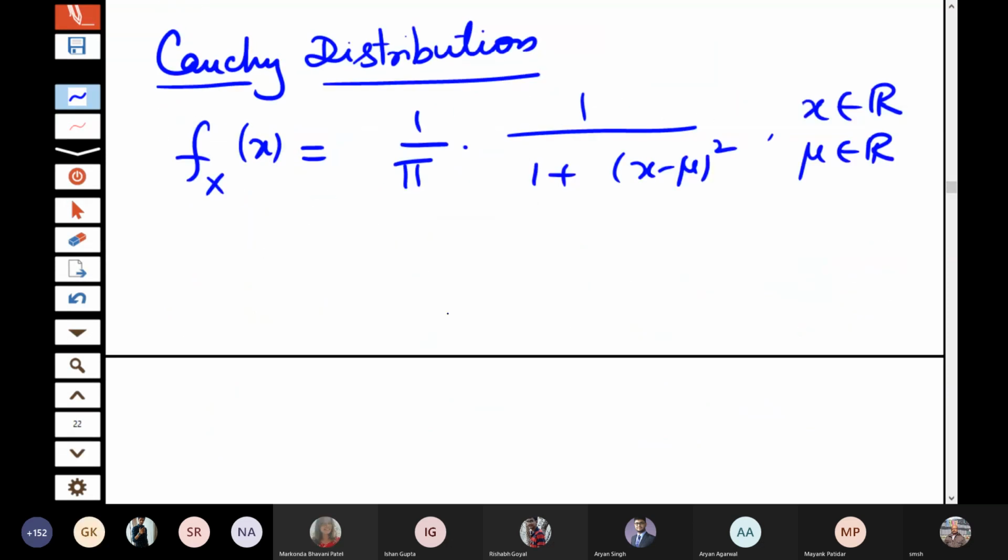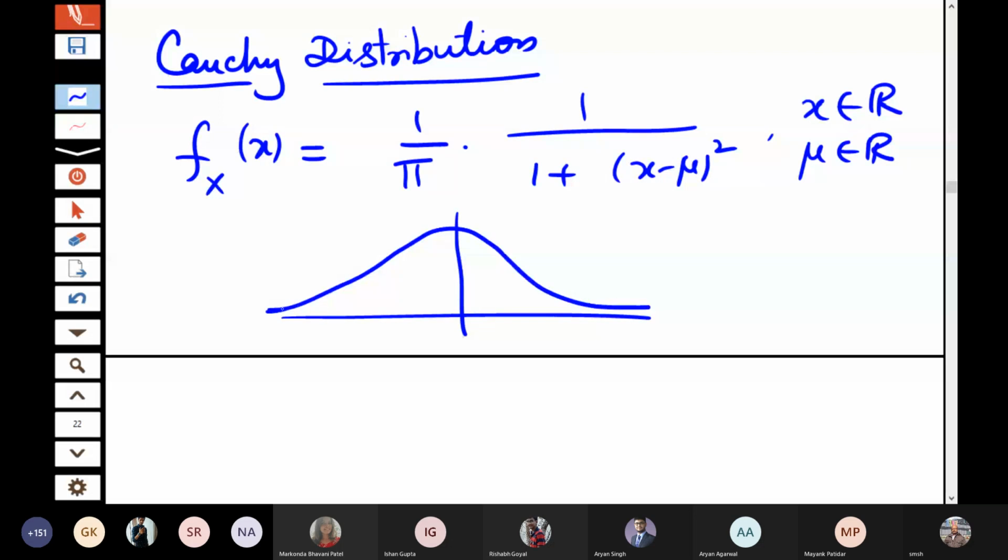So if you consider this, the shape is like this. We have shown that the mean of this distribution does not exist.